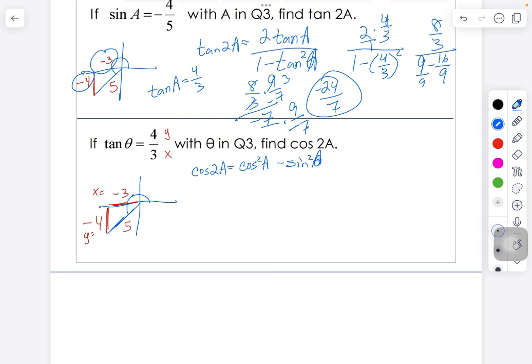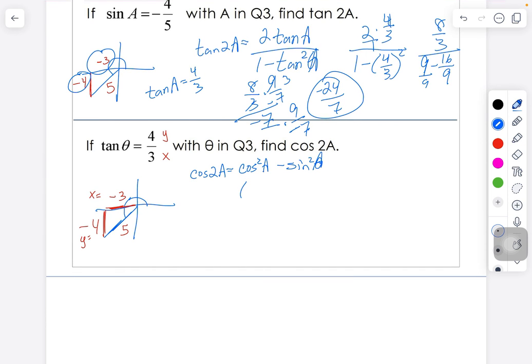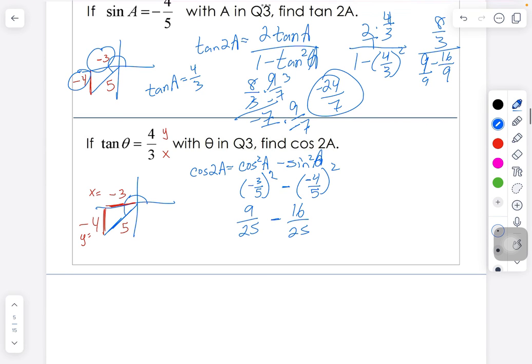Cosine is going to be x over r, so I'm going to take negative 3/5 and square it, minus the sine squared, so negative 4 over 5. I'll square that. So that's 9 over 25 minus 16 over 25. Got my common denominator of 25, negative 7 over 25. And that is how you use the double angle formulas.